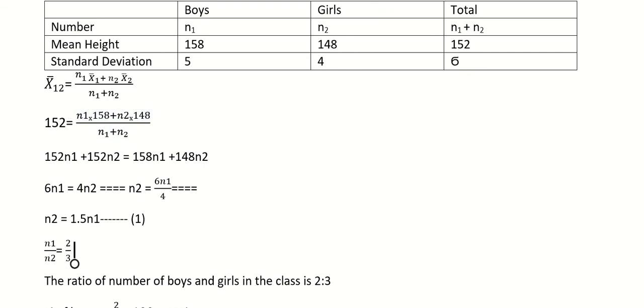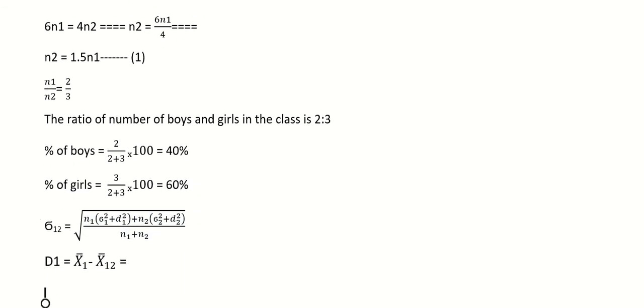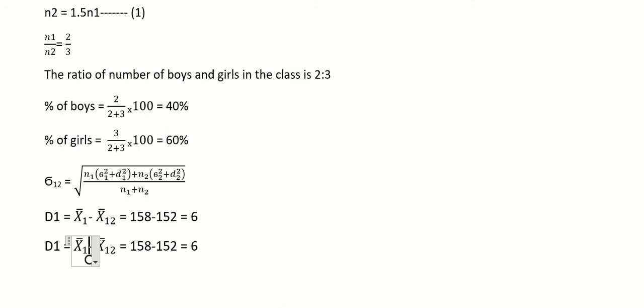So 158 minus 152, we have calculated deviation 1, equals to 6. Similarly, we will calculate deviation 2. For deviation 2, we need mean 2 and combined mean. So mean 2 is given to you in the question, that is 148. So 148 minus 152 becomes minus 4, right?